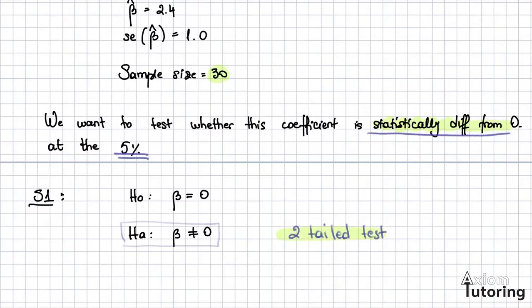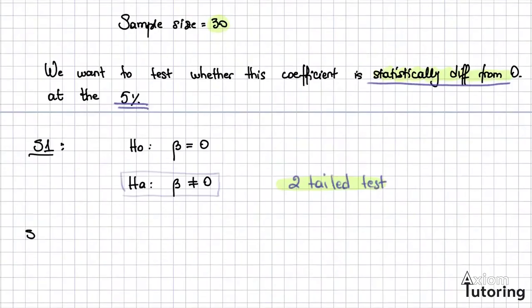Let's move to the second step, computing our test statistic. For the test statistic, we had our t star formula, which was beta hat minus the beta of the null, divided by the standard error of beta hat. But here, lucky for us, beta null is just 0, so we don't have to worry about it.